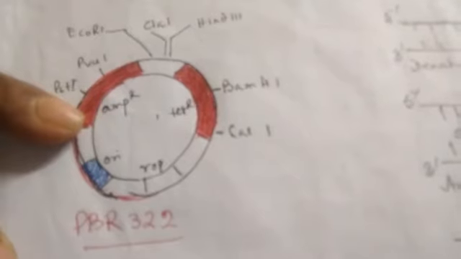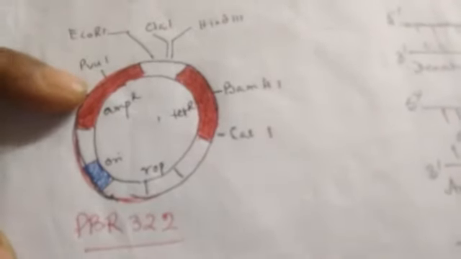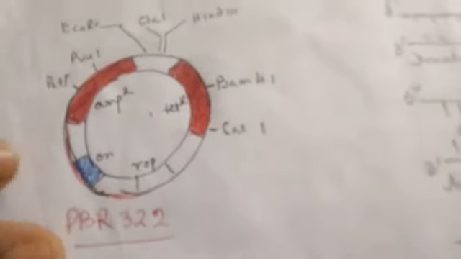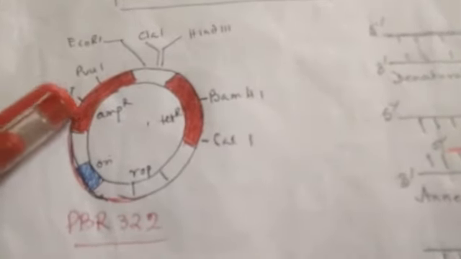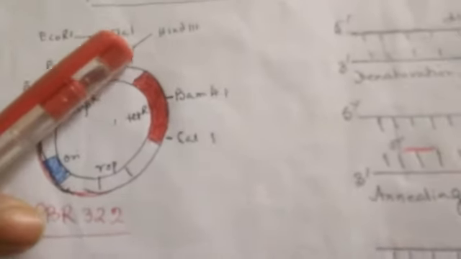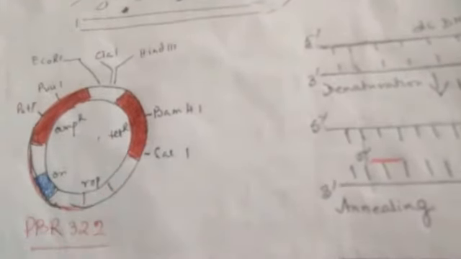Clear? So there are numerous, all these which are there outside the circle, you can see, are basically PstI, PvuI, EcoRI, ClaI, clear, then HindIII, BamHI, SalI.